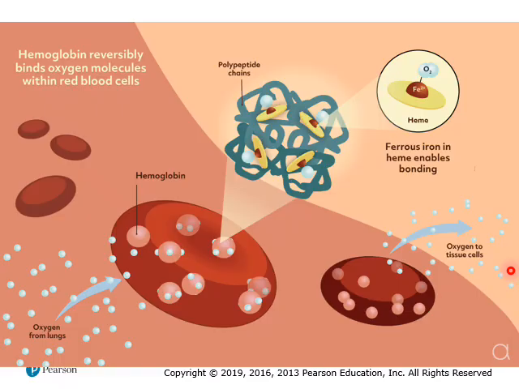The association of the oxygen and hemoglobin is actually the rate of the loading and unloading of oxygen, and is regulated to ensure that there's adequate oxygen delivery to the cells.